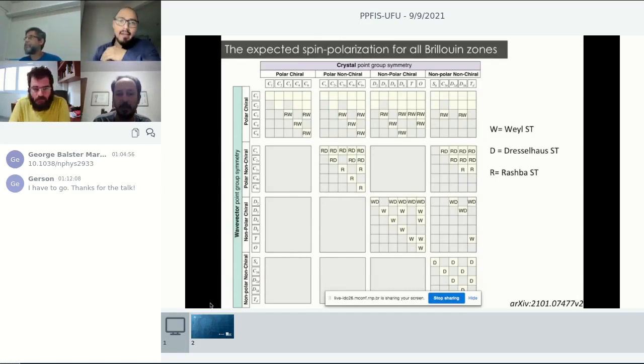Yeah, definitely. I mean, when we have these low symmetry point groups, like let's say C2, C3, D2H, D2D, etc., we usually have a combination between more than one spin polarization pattern. So we usually have a combination between Weyl, Rashba, Dresselhaus, and so on.